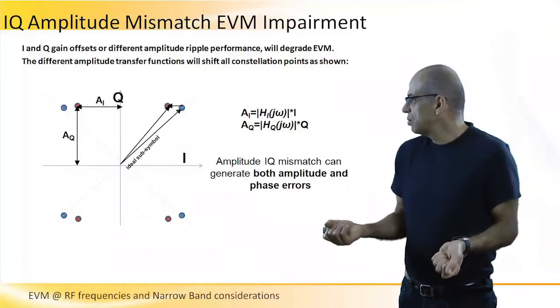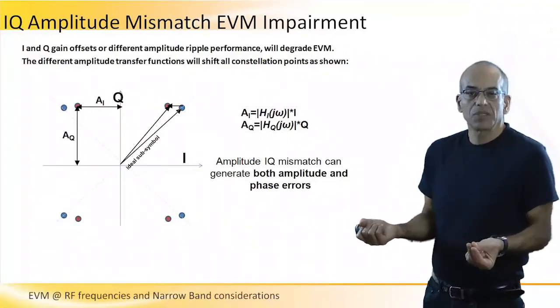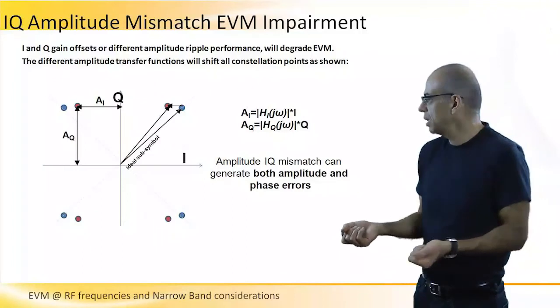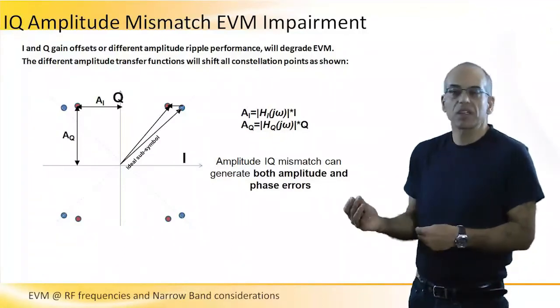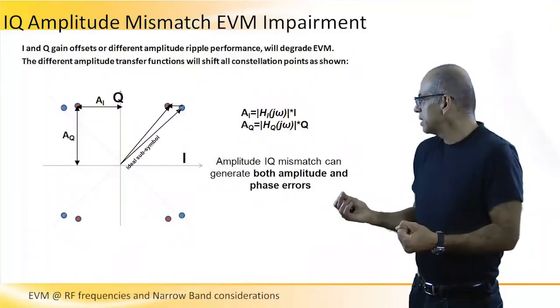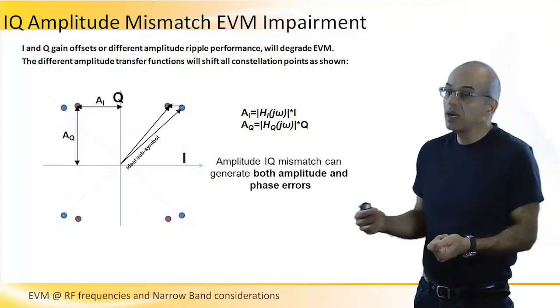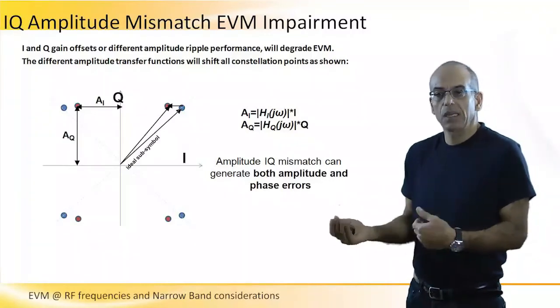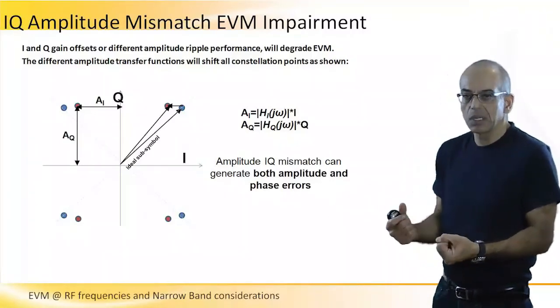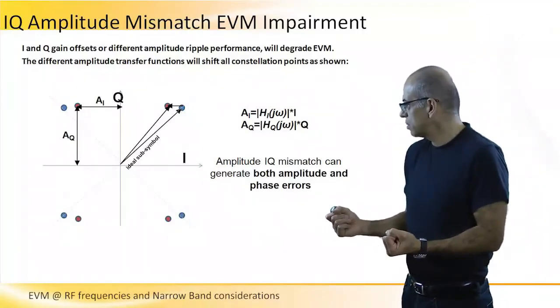And so if we have a slightly different gain on I and Q, the original subsymbol will be shifted in a way that will reflect this difference in gain. And of course, this creates an error that will need to be studied and then compensated in baseband or digital processing.